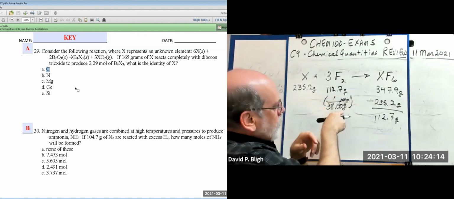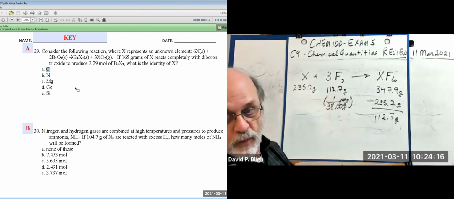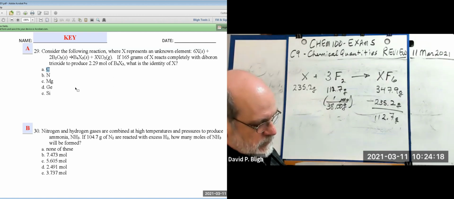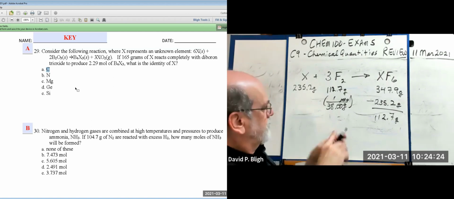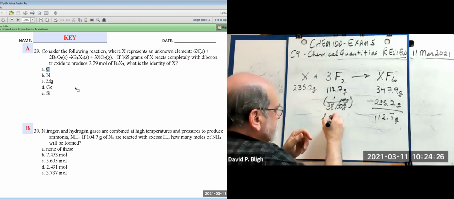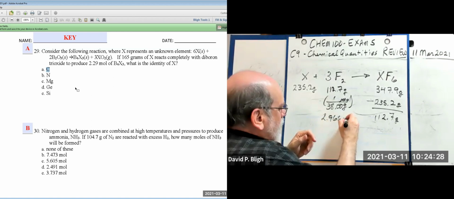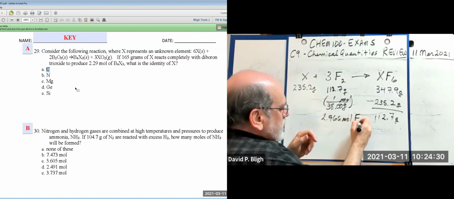Okay. So if we divide 38 into 112.7, we get 2.966 moles of fluorine.